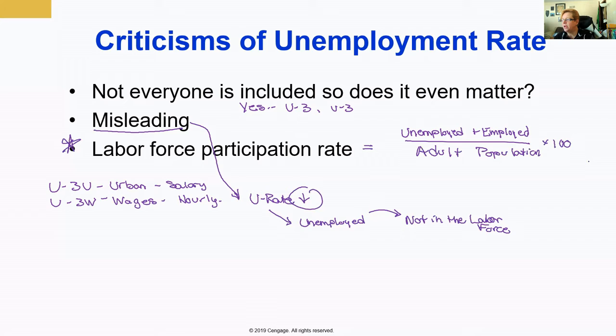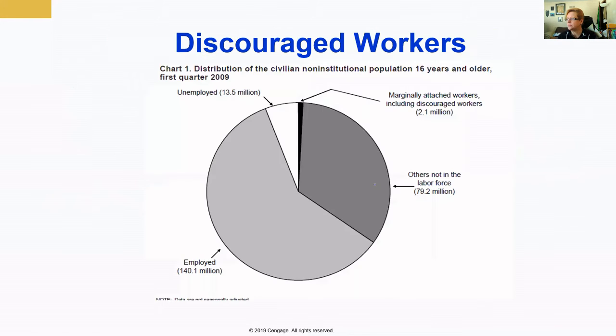And we multiply that by 100 and we get a certain percentage rate. If we see a very low labor force participation rate, that could tell us that the unemployment rate is misleading. So for example, if the labor participation rate is only 30%, that basically means that 70% of those individuals that could and are able to work are not working. So that's problematic for us.